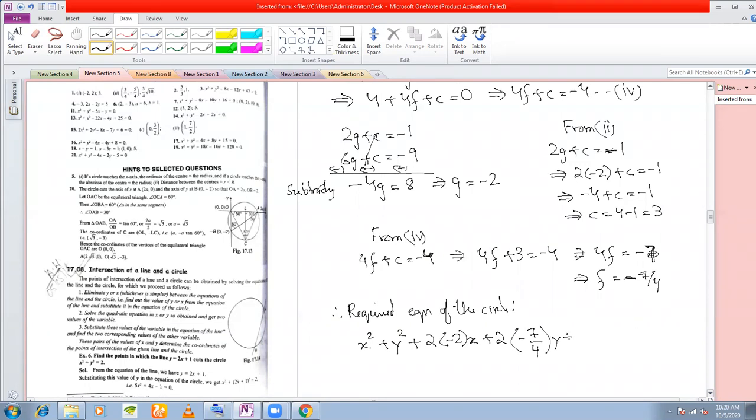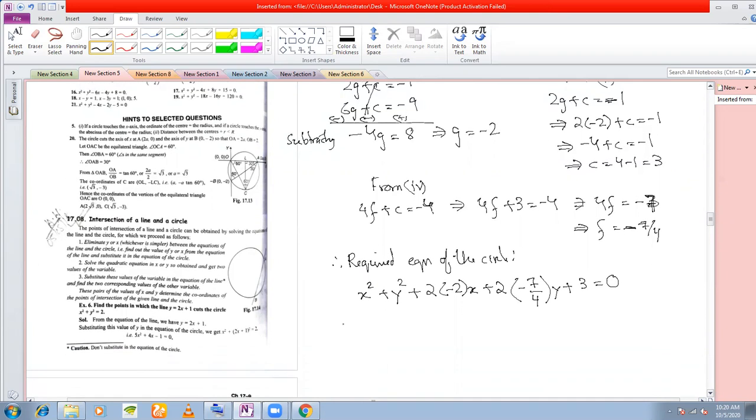And c is 3. So what is the equation of this circle? x squared plus y squared minus 4x minus 7 by 2 y plus 3 is equal to 0. This is the equation of the circle.